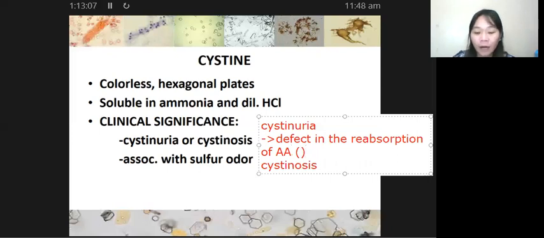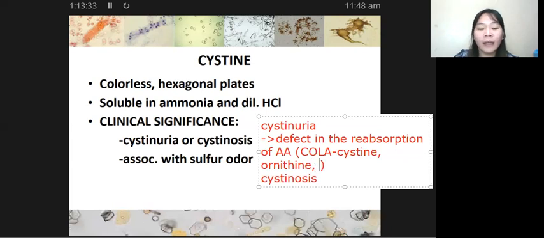In particular, the amino acids that are not reabsorbed by our renal tubules, we remember with the mnemonic COLA. COLA stands for cysteine, ornithine, lysine, and of course your arginine.